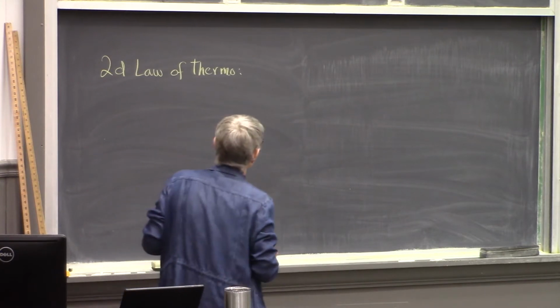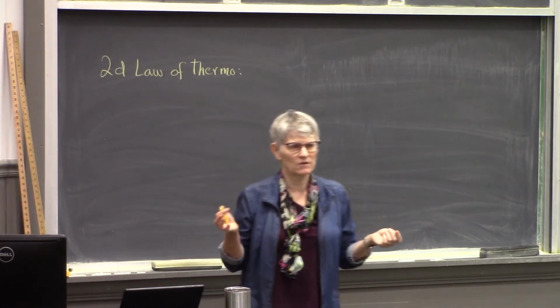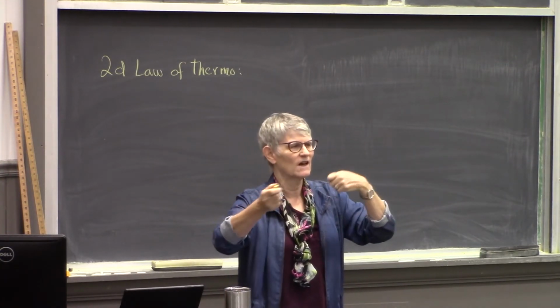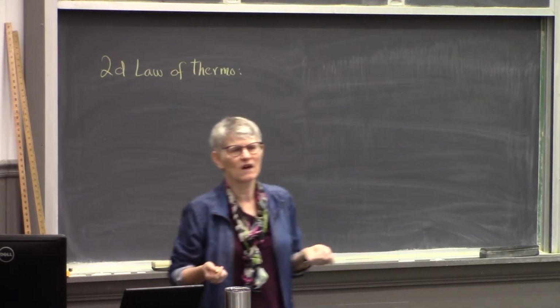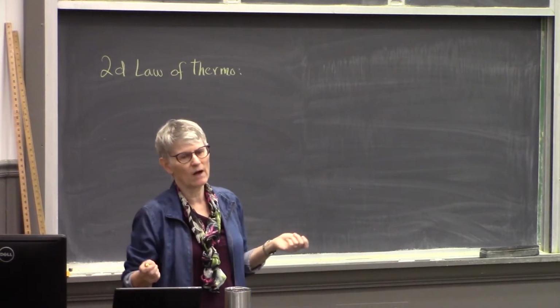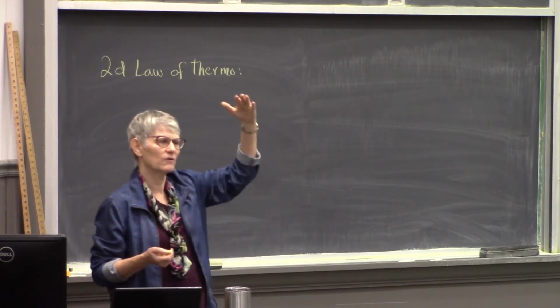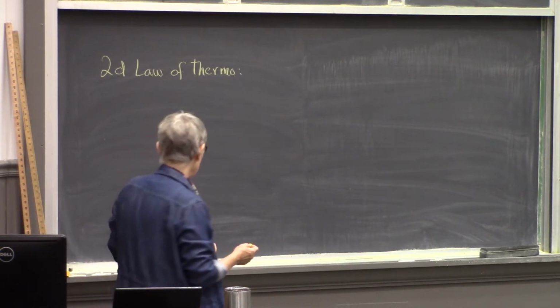But one way of stating it is that if a closed system, meaning a system that's isolated from its surroundings so it can't have energy inputs from the surroundings, is not at equilibrium, the most probable thing that will happen is that the entropy of the system will increase until it gets to equilibrium.